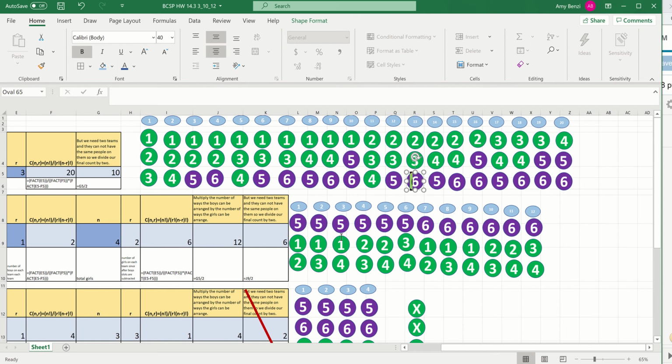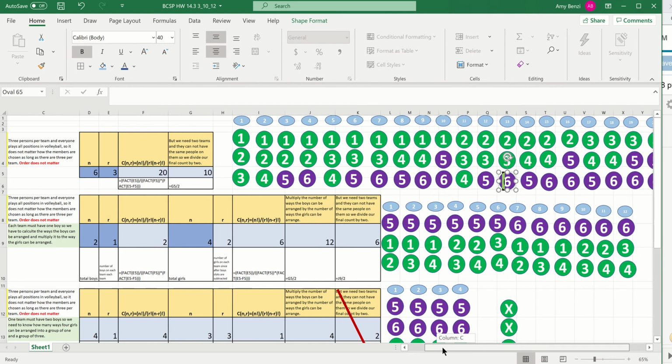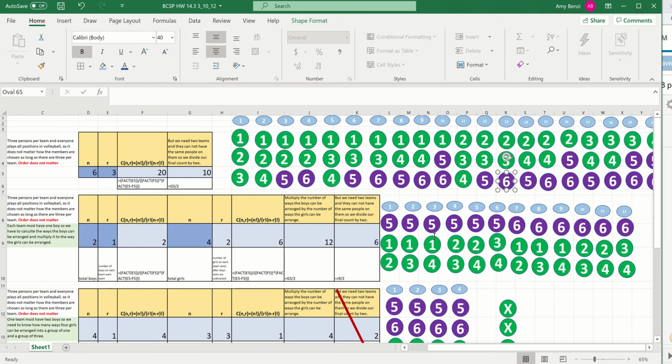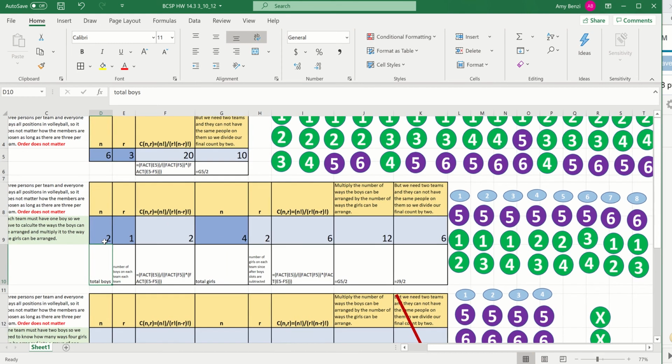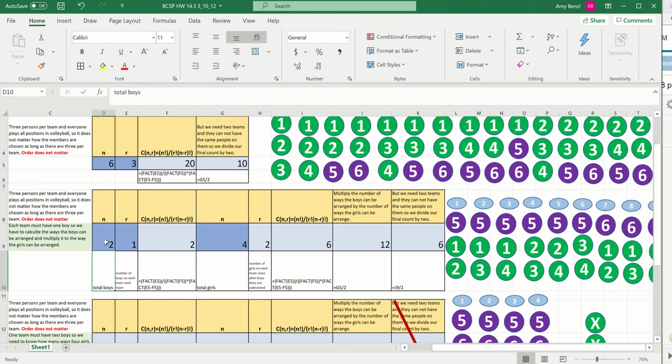All right, so for part B, for part Bravo, I have to have a boy on every team. So that made it kind of easy. Here are all the ways I can make a team with boy number 5, and here are all the ways I can make a team with the boy that's labeled number 6. In Excel, I took my total number of boys and how many boys can be in each team.